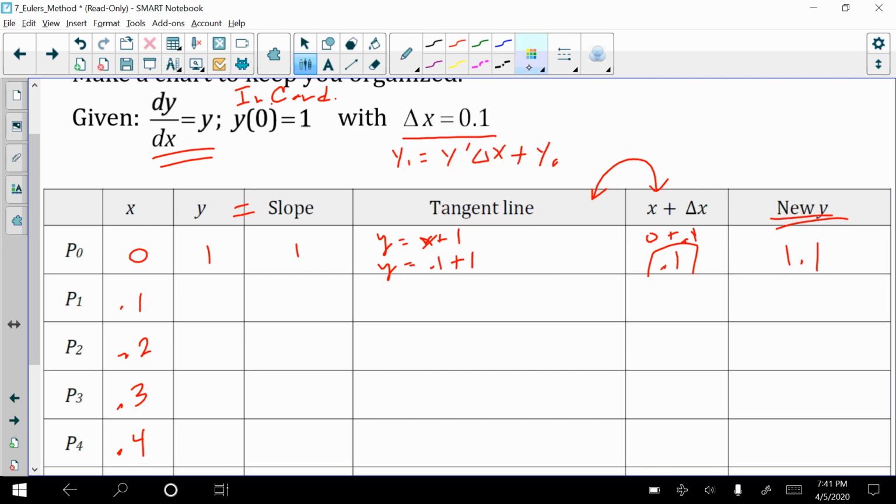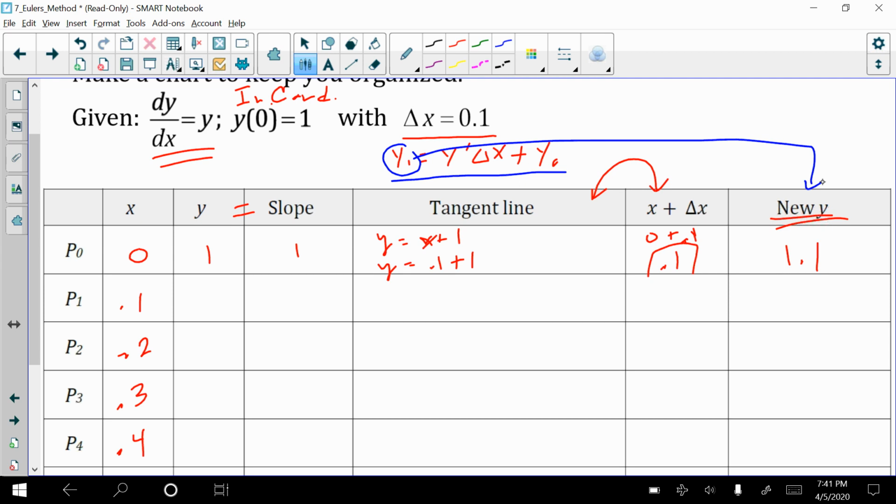That is based off of this right here, where we're saying the derivative of y times delta x plus y naught. Let me do that up in the blank spot where I have a little more space to write. The y value that we're looking for is this right here.